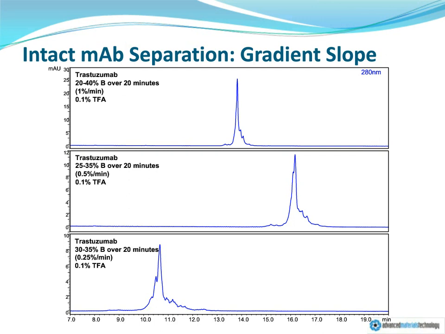The problem is very likely that we're beginning to induce artifactual separation of folding intermediates or conformational variants. And we must remain cognizant of this as we begin to manipulate mobile phase and operating conditions.